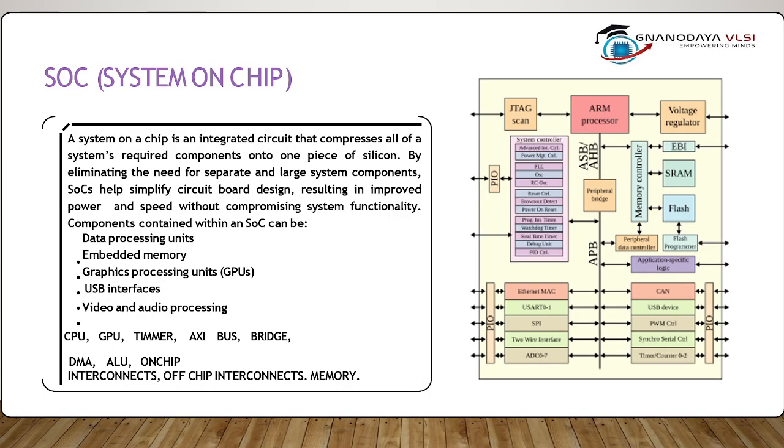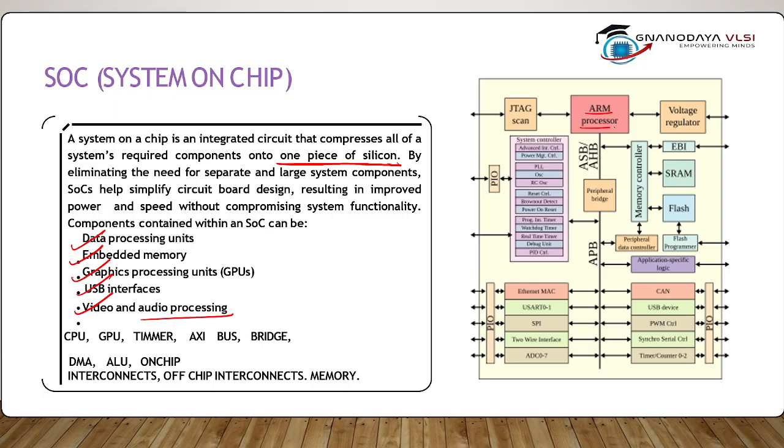Microprocessors and system on chip. A system on chip is an integrated circuit that puts all the required components onto one piece of silicon. Why we use it: it eliminates the need for separate or larger system components. Suppose on a board you have a data processing unit, embedded memory, graphic processing, USB, video and audio processing. All of those are in the system on chip.